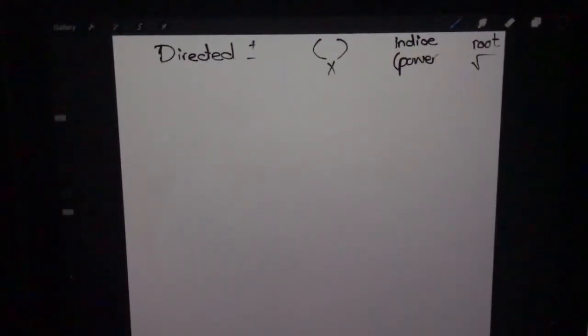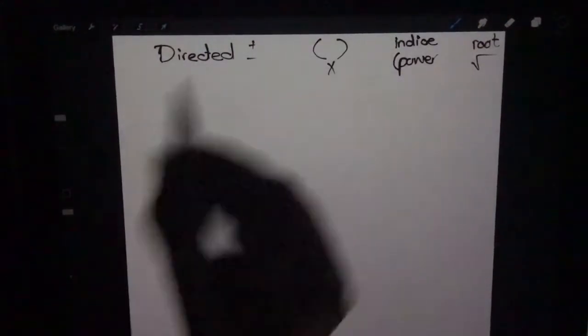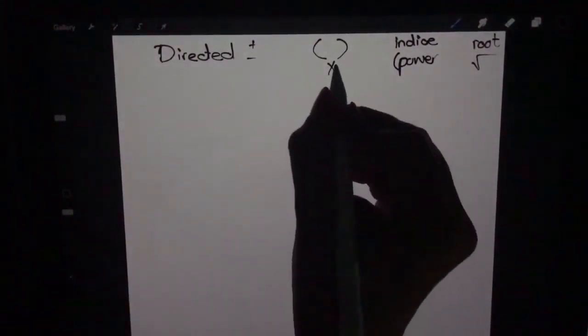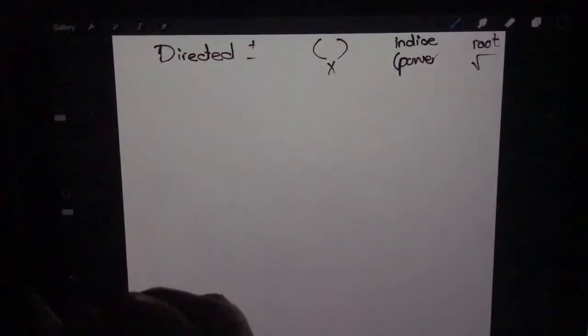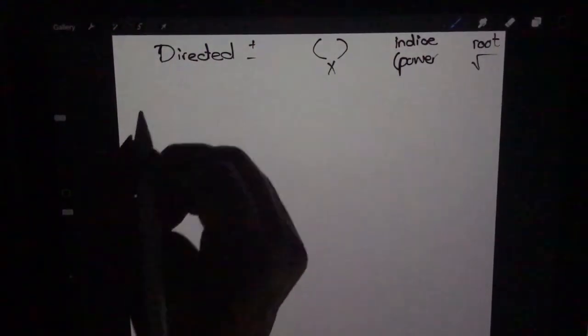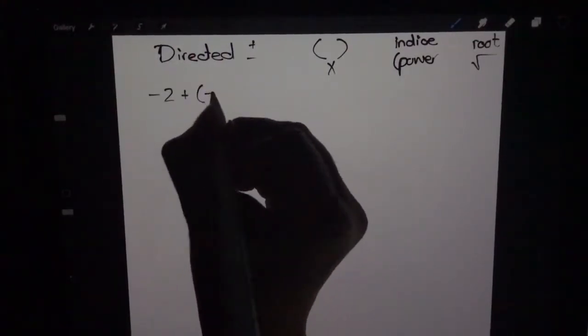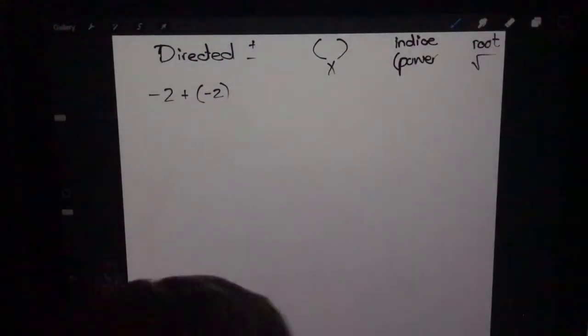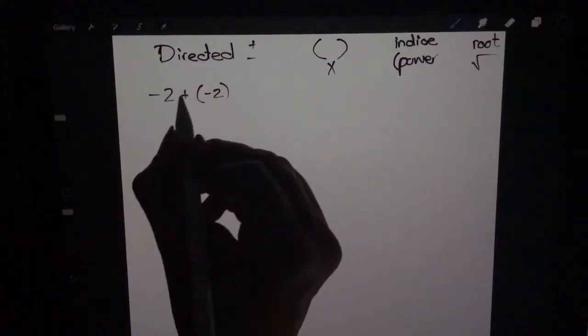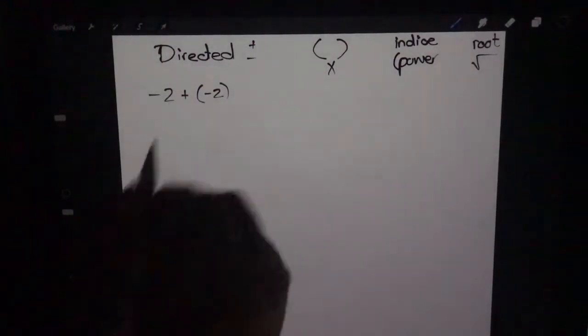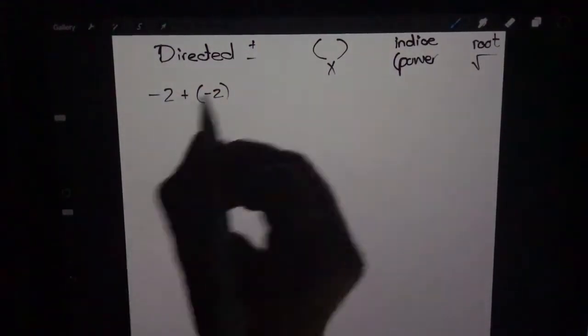Right, so if we see brackets in directed numbers, we should always remember that it basically implies a multiplication. If then, for example, we have -2 plus a -2, but in brackets, we should remember that that bracket should be multiplied with the positive on the outside of this bracket.